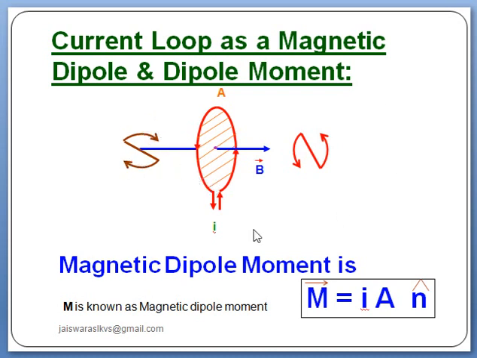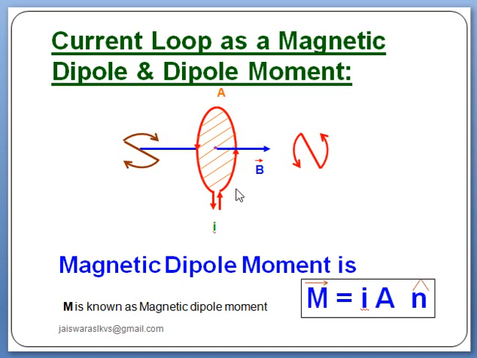So this is what here I try to represent. From this end, the direction of current is anti-clock, so this end behaves like north pole. From this end, the direction of current is clockwise, so this end behaves like a south pole.